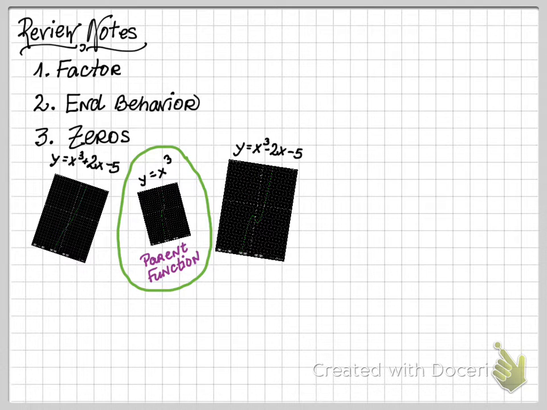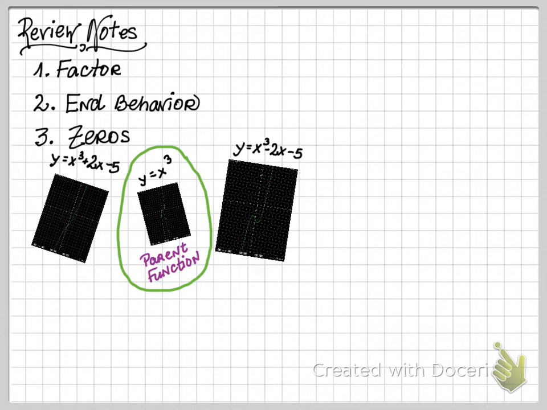And end behavior seems to be what a lot of you are struggling with the most. Some of you are having issues understanding what is meant by end behavior, and some of you are having trouble with the notation. So I'm going to take these three graphs to talk about the end behavior.